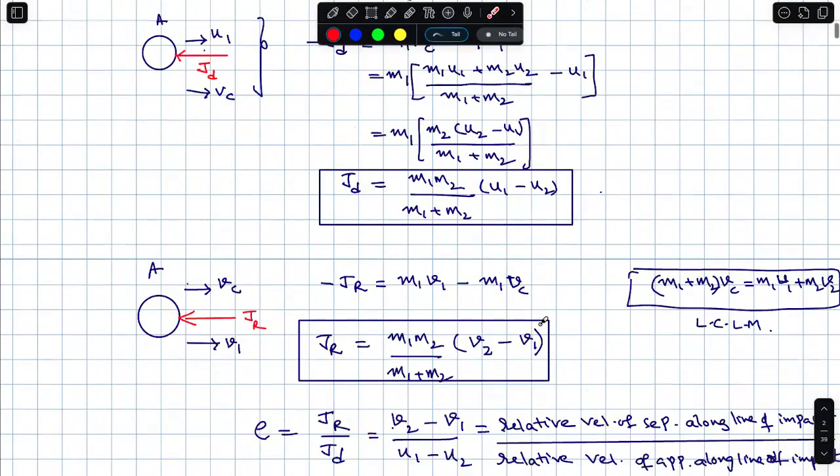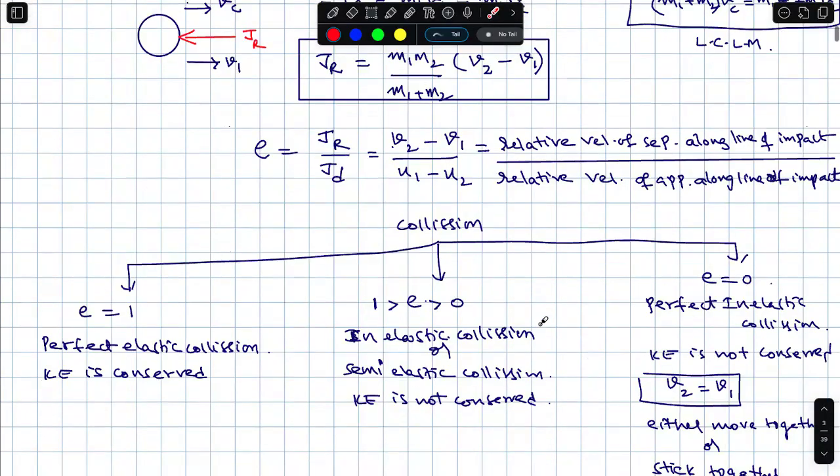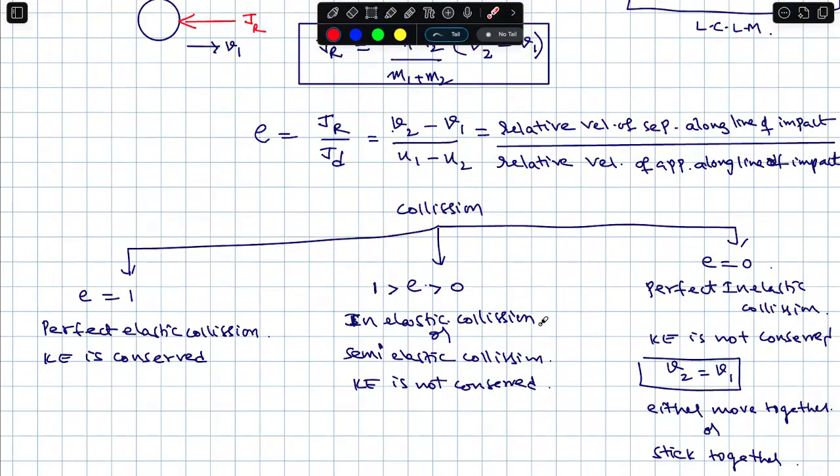All that I have done is a basic approach, strictly one-dimensional collision. Now you will have two-dimensional collisions also, which I will take up in the next class.